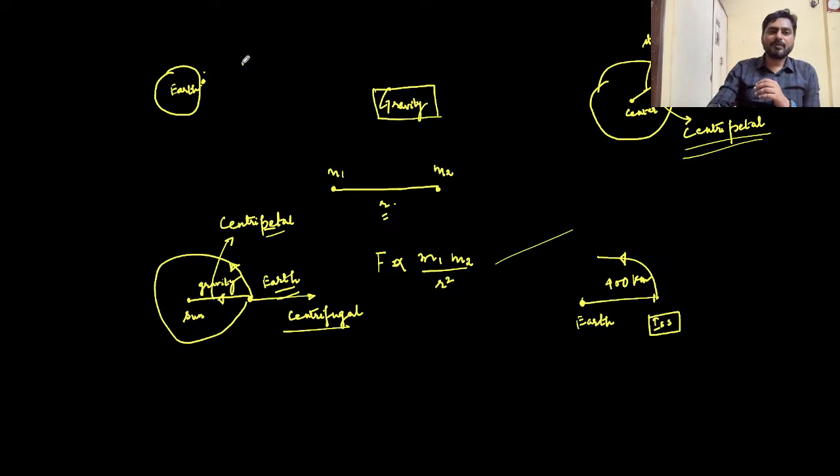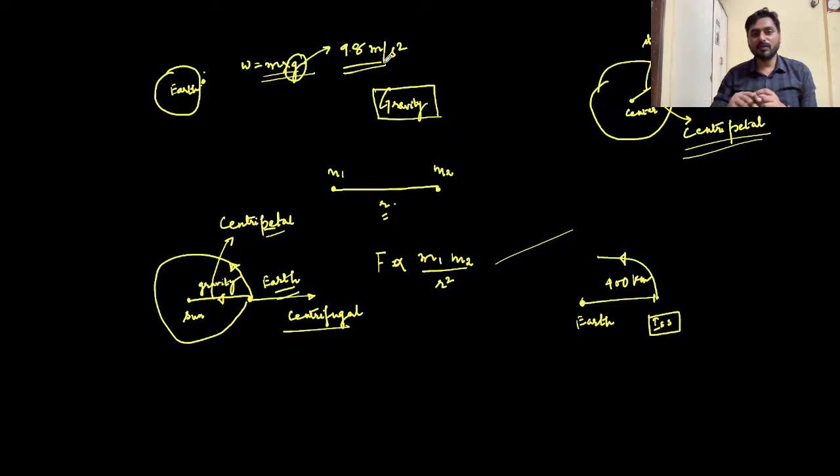We refer to this as weight. Weight is nothing but mass into gravity. This gravity is the acceleration due to gravity. Every object on earth is being pulled towards the center of earth with an acceleration of g, and this value of g we generally refer to as 9.8 meters per second square.